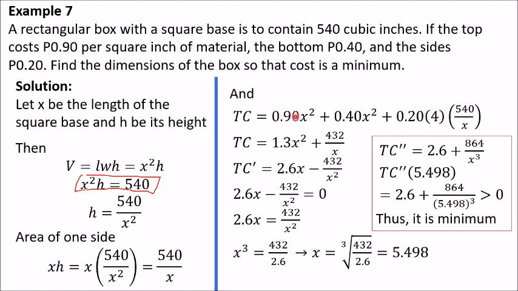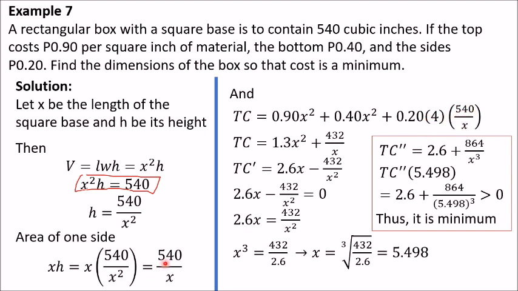So, para sa ating top, we have 0.90 times the area of the top, which is x squared, kasi nga square din yon na may side na x, plus area of the bottom is x squared din times the cost, which is 0.40, plus 0.20, the cost of the side times 4, kasi may 4 na side, na may area na ganito, 540 over x.